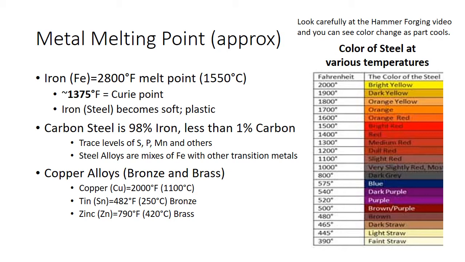Just as a little review, carbon steel is about 98% iron and a little less than 1% carbon, and there's trace elements of sulfur and phosphorus and manganese, and sometimes you'll add more manganese to make it harder. And steel alloys are going to be mostly 92 to 95% iron with other transition metals.